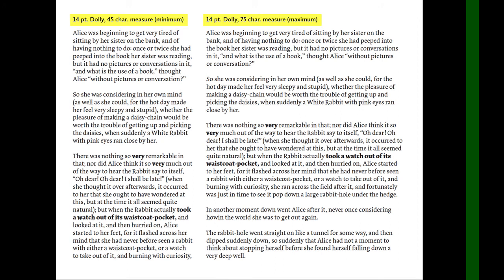On the right, again, 14-point Dolly, same text. This has a 75 character measure, and I'd say this is about our functional maximum. We don't want any more characters per line than this as a rule of thumb. And you can see it does feel a little wide, but not unpleasantly so. At this point, you're not going to have a lot of problems with your eye jumping between lines. You go much wider than this, and that problem will start happening.